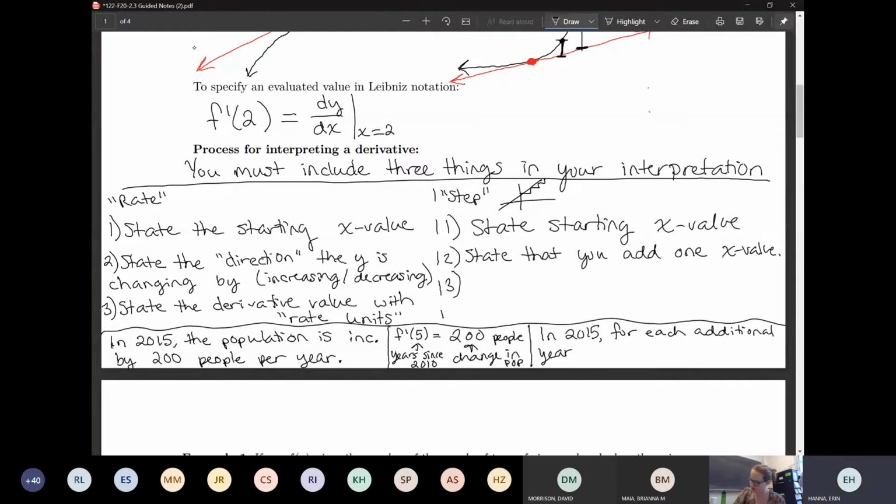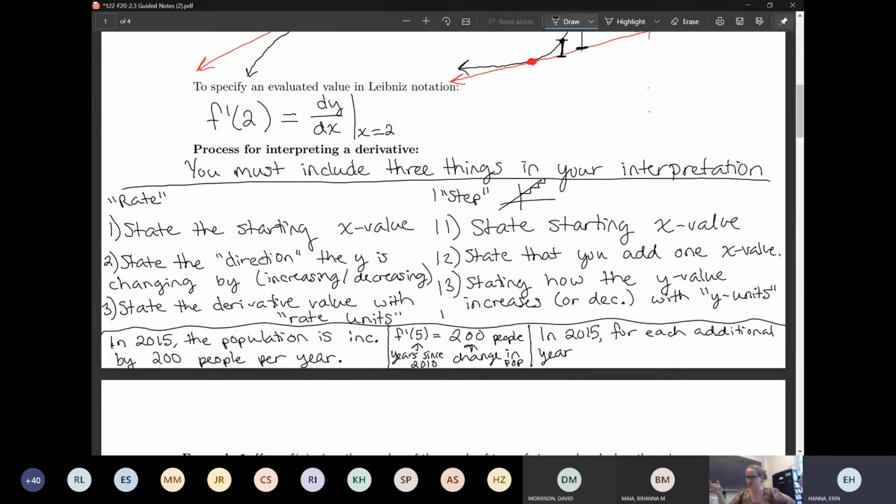And you finish that by stating how the y value increases, or decreases, depending on the sign of the derivative value. And here you're just going to use what I call y units. So it's just the units of the Y value.